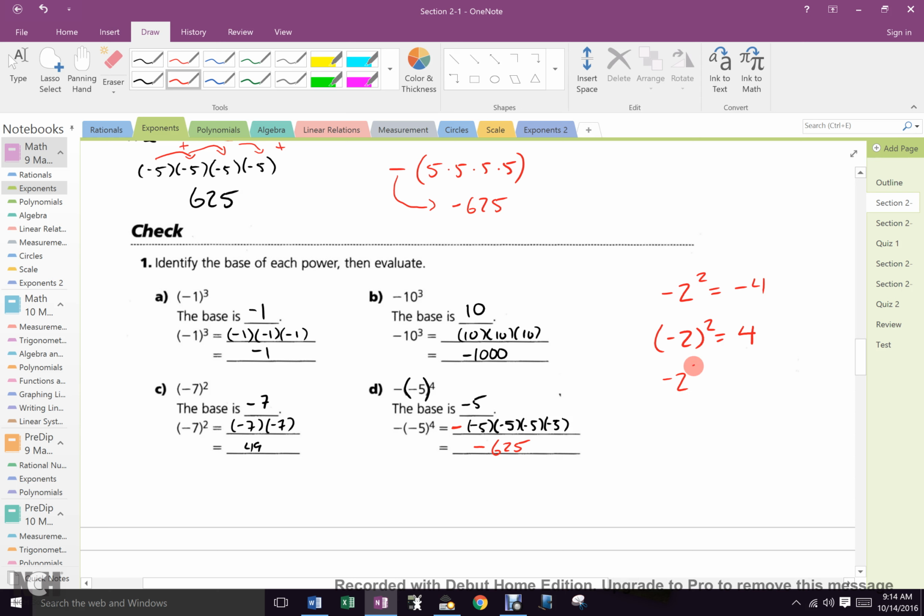Negative 2 cubed is what? Negative 6. No? 2 times 2 times 2, not plus. 8. What's out in front? So that's negative 8, right? Everybody with me?